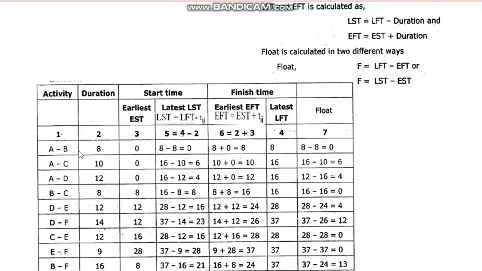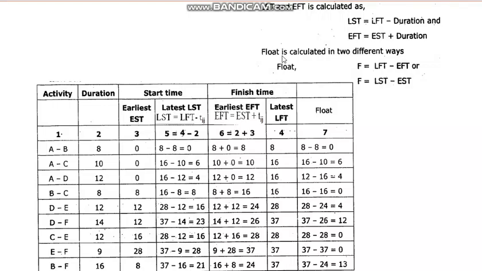If one node is A and another node is B, and between these two the activity is there, then it will be TAB. If it is 1 and 2, it will be T12. So T is the duration of the activity. So you see, LST is LFT, that is latest finish time, minus duration, that is Tij.